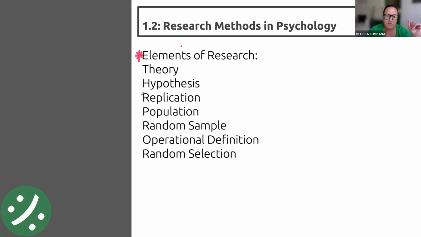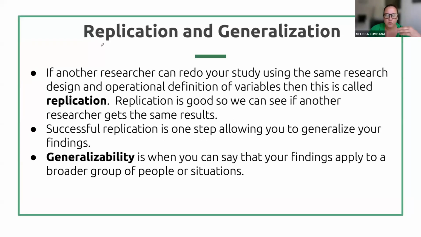Okay. The next one is one of the main goals for research: we need to ensure that our research can be replicated and generalized as well. So what does that mean? Put replication as your subtopic.